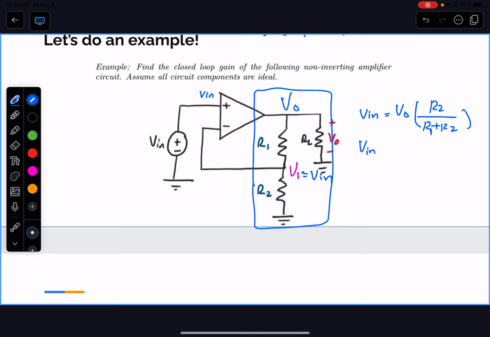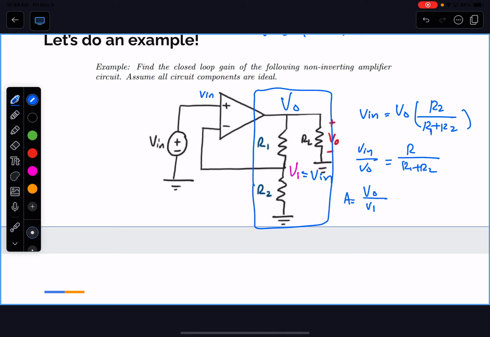And V naught, I'm going to erase that because it's repetition. But we're looking for V naught over V in. So we'll first divide the V naught over to get R2 over R1 plus R2. And then we flip it, right? So your A will just be the flipped version of it.